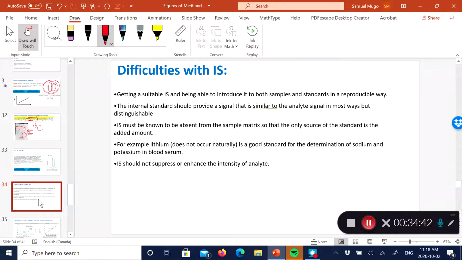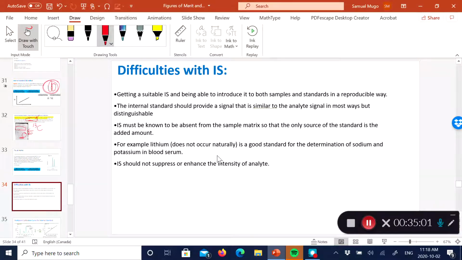So what are some of the difficulties with the internal standard? Well, one major difficulty is to get an ideal internal standard. Isotopically labeled standards are very expensive, that's one, and sometimes they are not available to you. And so that's a problem.